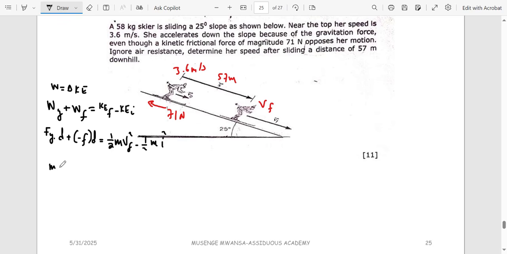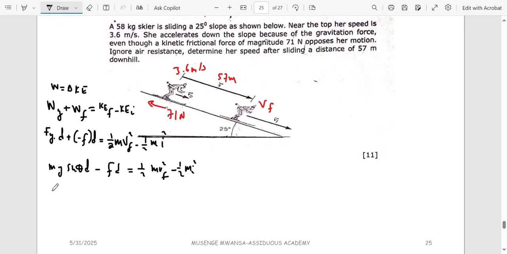Fg is given by mg sin theta, and then we multiply by d, and then we have minus fd, that will be equal to half mv squared, this is final, minus half mv squared, initial.